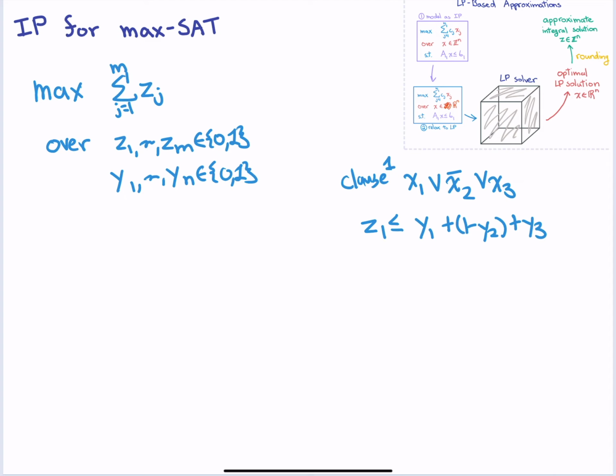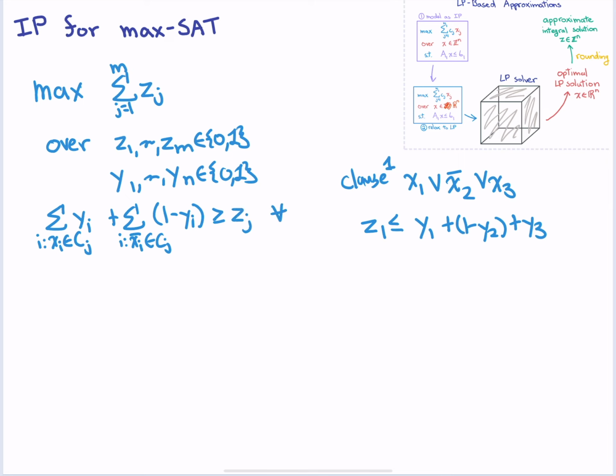In general, I can say, if I sum over all the variables where xi is in clause j, yi, plus the variables where xi bar appears in clause j, so I'm kind of making up notation, but hopefully it makes sense, 1 minus yi is greater than or equal to zj for all clauses j 1 through n.